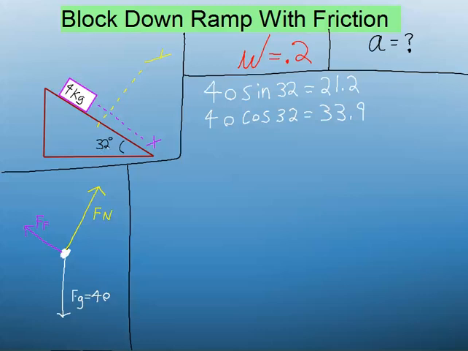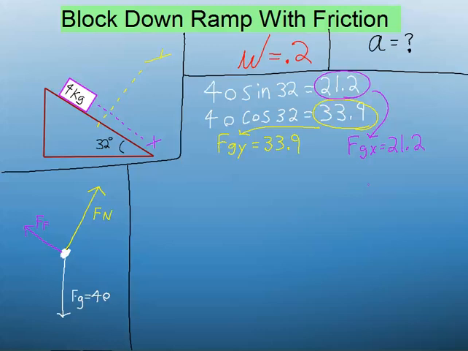It's less than 45 degrees. Is gravity pulling more through the ramp or down the ramp? Well, since this ramp is pretty flat, I would say it's pulling more through the ramp, which means FGY will be the stronger one.